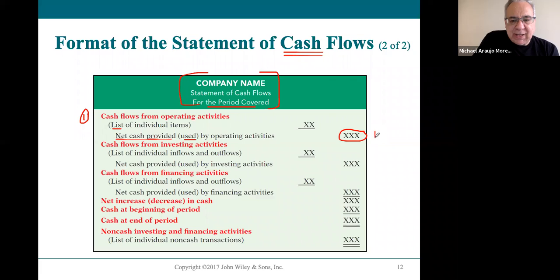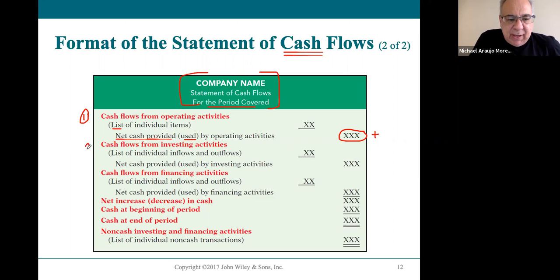Normally this is a positive number, because in most cases businesses have lots of cash coming in from their operating activities. That's usually the first thing you'll notice. Most operating activity is providing cash to the business.